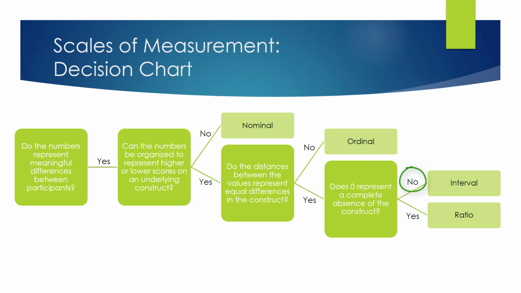Because the absolute 0 point would be if we started timing the race as soon as everyone starts, because that represents a complete absence of racing or a complete absence of running. And so when the 0 point does not represent a complete absence, then we're going to go with interval. If it does represent a complete absence of a construct, then we're going to go with ratio.